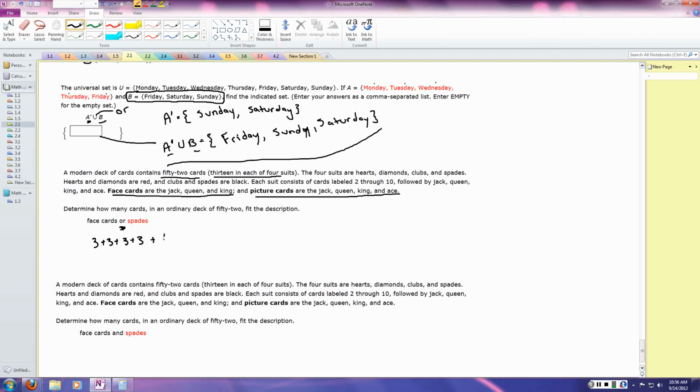And there's 13 spades, right? 13 of each suit. So this would be the number of cards that are face cards. This would be the number of spades, but I need to subtract the number of face cards that are spades. So these are 3.